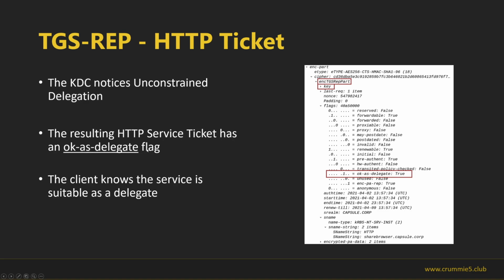So the client will know that this service is suitable as a delegate because in the encrypted part of the TGS response, he will not only receive the session key, but also flag information of the ticket. And we can see that the OK as delegate flag is true in this case.